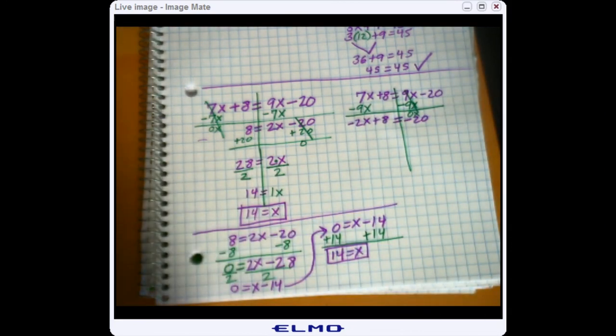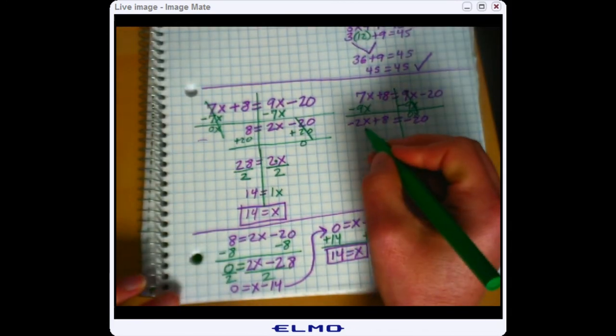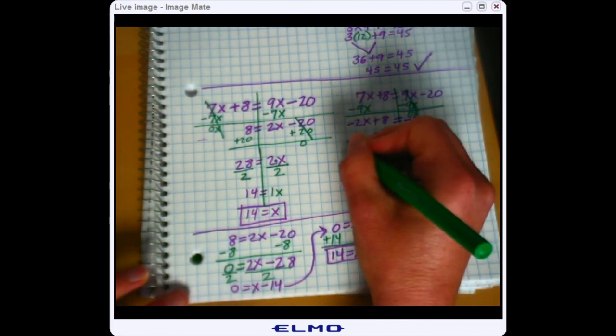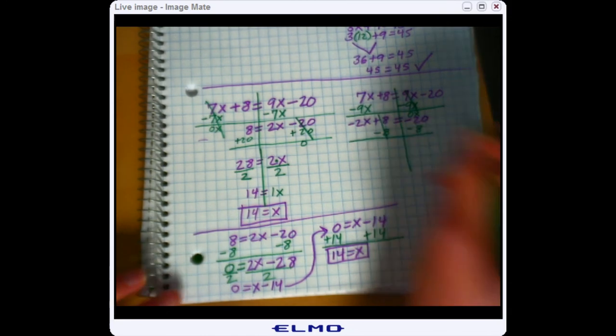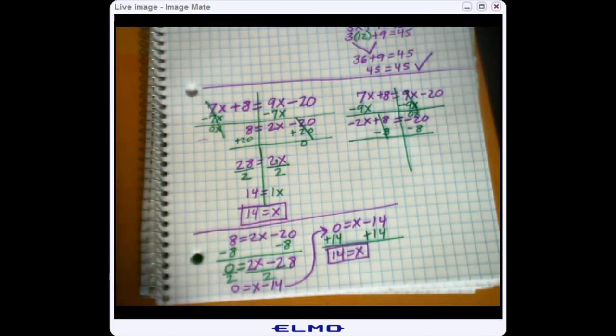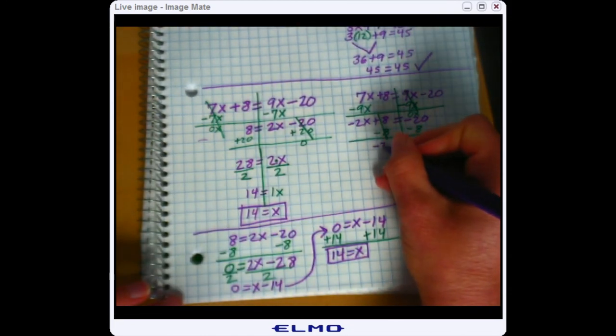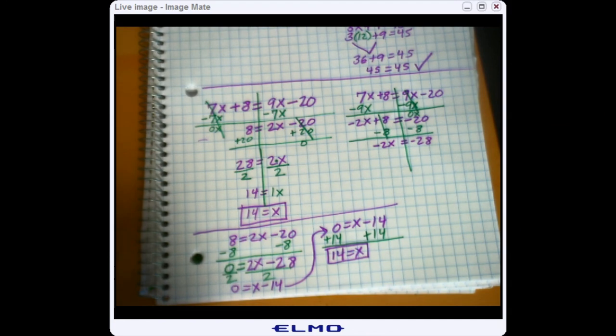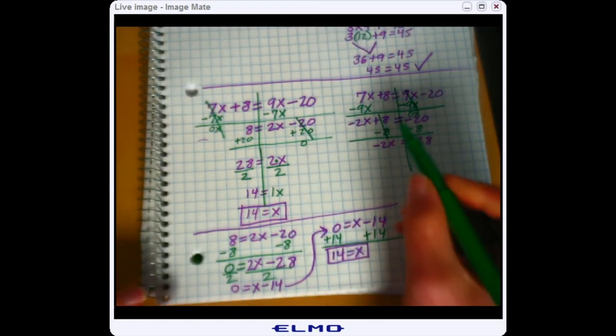So I'm going to go through and isolate my variable. I'm going to subtract that 8 from both sides. That cancels because 8 minus 8 is 0. I'm left with negative 2x equals negative 20 minus 8, which is negative 28. Now I need to make sure I finish isolating that variable.